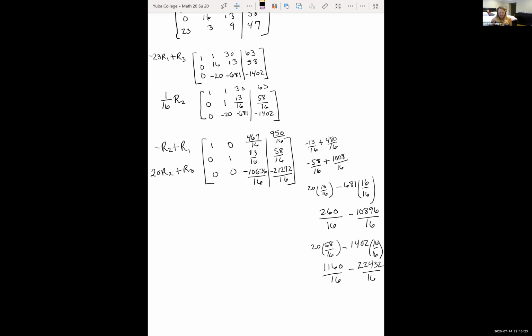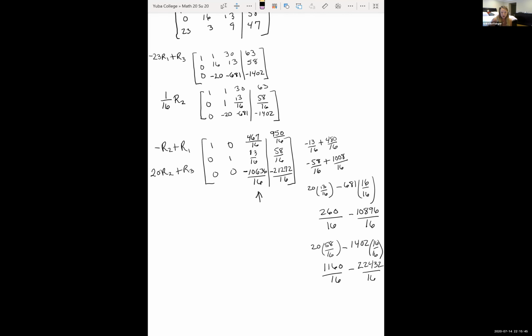Okay, yuck. So you could see where maybe I was cringing when I was looking at this, because I knew that it could get really ugly, and this is where errors could happen really easily. So we're done with column 2. We've got to now move to column 3.